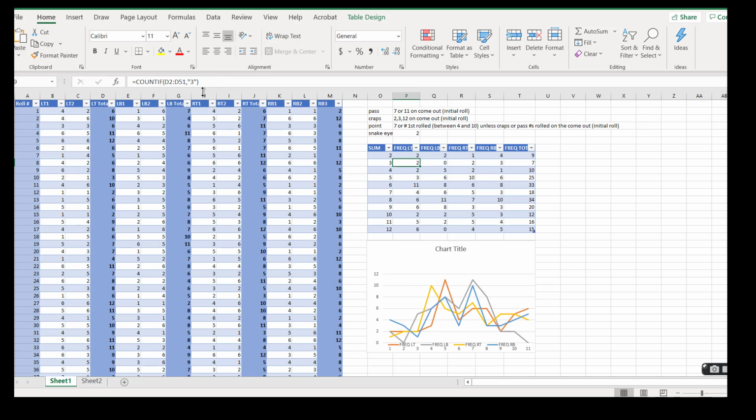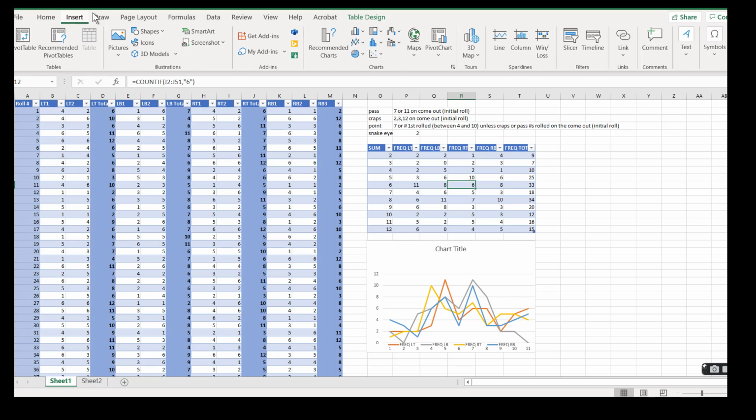And the same for the number 3, the same for then that column and the number 6, okay? And then I did a table from this, and I clicked on Insert, and I clicked on the line graph. Obviously, I did not put a chart title in there yet. And I did a visual image of what that would actually look like.